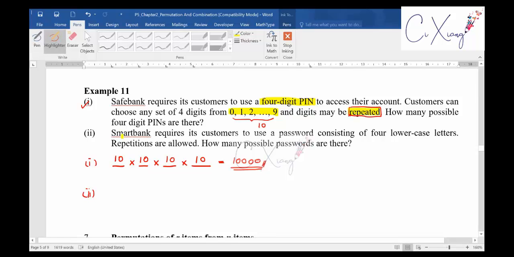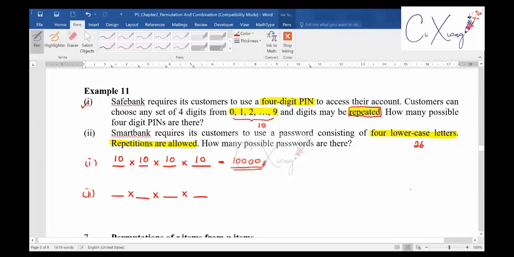For part number 2, what do we have here? Smart Bank requires its customers to use a password consisting of 4 lowercase letters. So again, it is still a password, so still four digits here. But now instead of numbers, they want you to form it by using 4 lowercase letters only. Repetition is allowed. How many lowercase letters do we have?